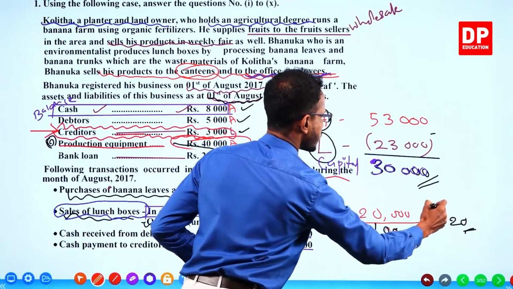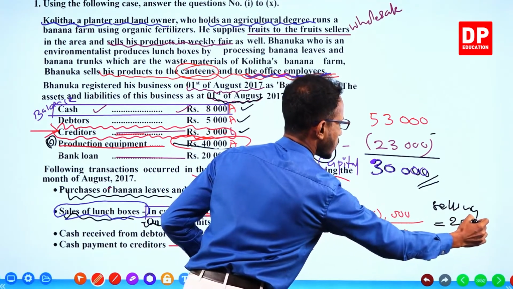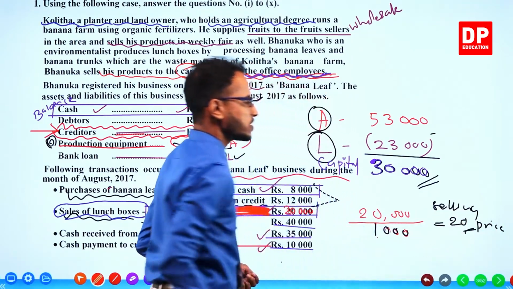This is the selling price. Selling price is 20.